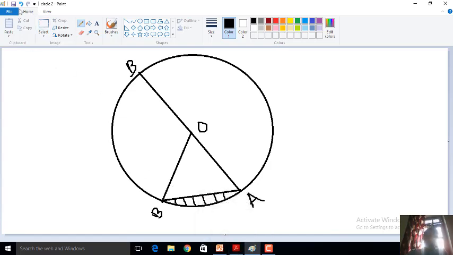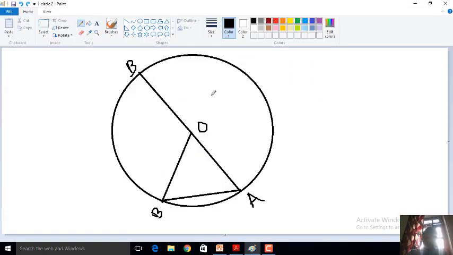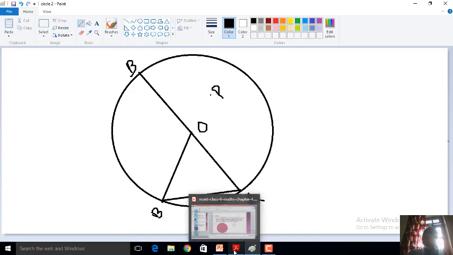Next we move to the next question. We have to mark a point in its interior. So I am going to mark a point in its interior. Suppose I put a point P. So point P lies interior of the circle.